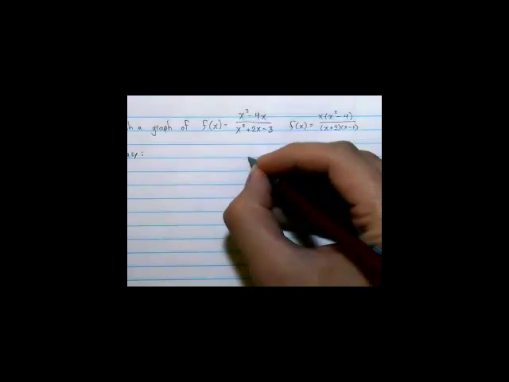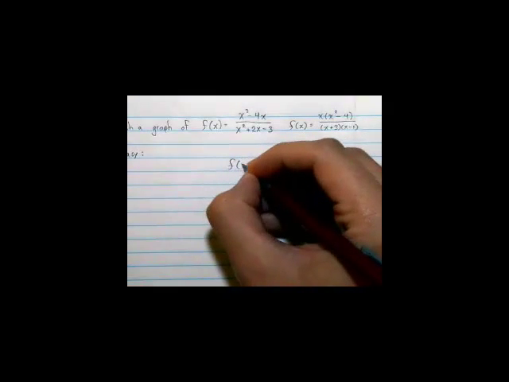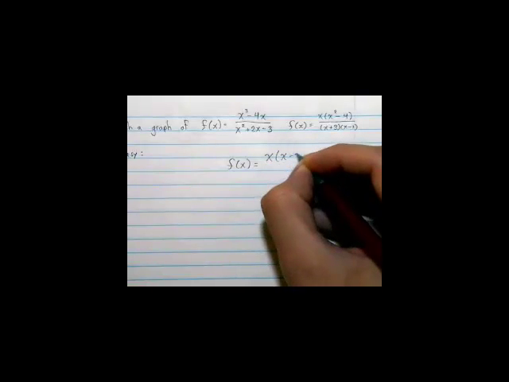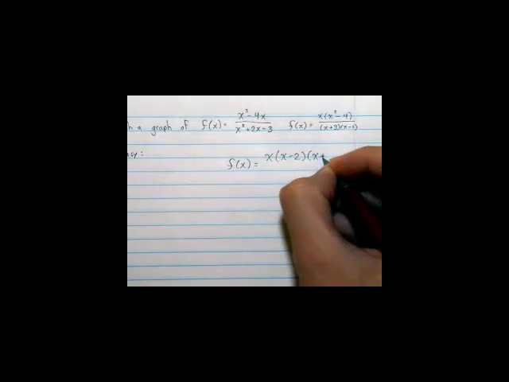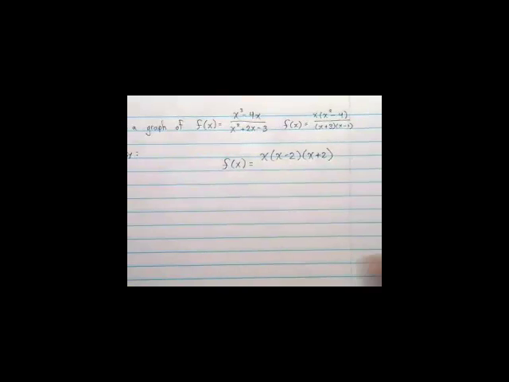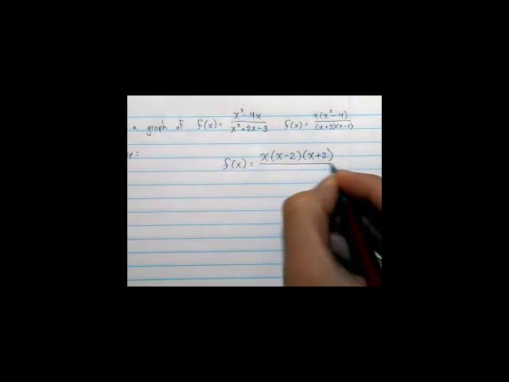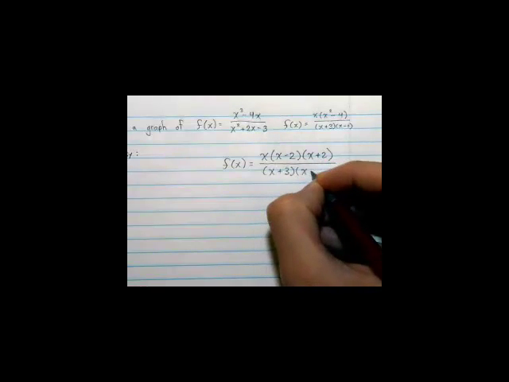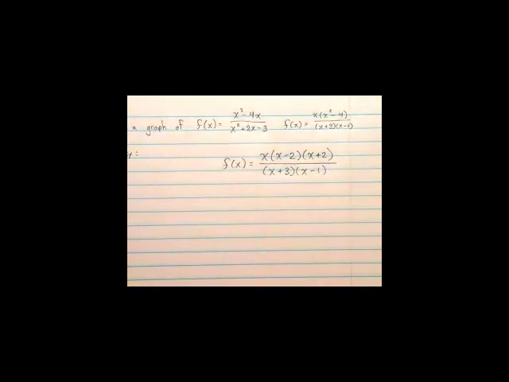So here's what we're really working with. I'll make it nice and big so we can see it. X times x minus 2 times x plus 2 divided by x plus 3 times x minus 1. Okay, so like I said, a lot more going on in this one than the last one.